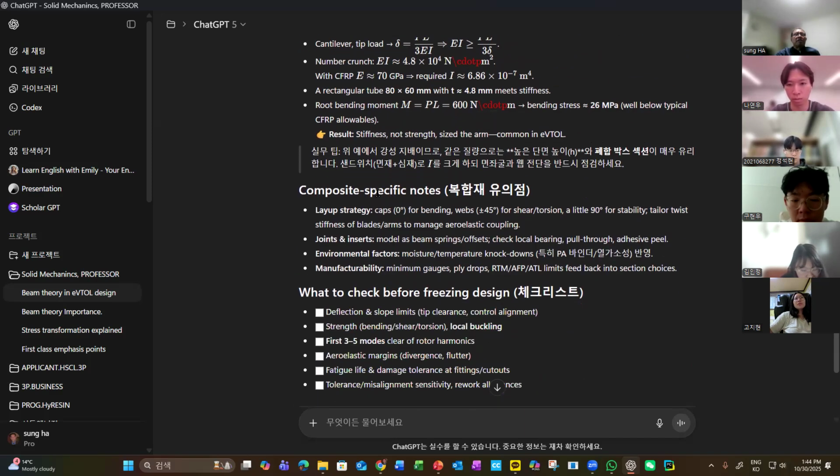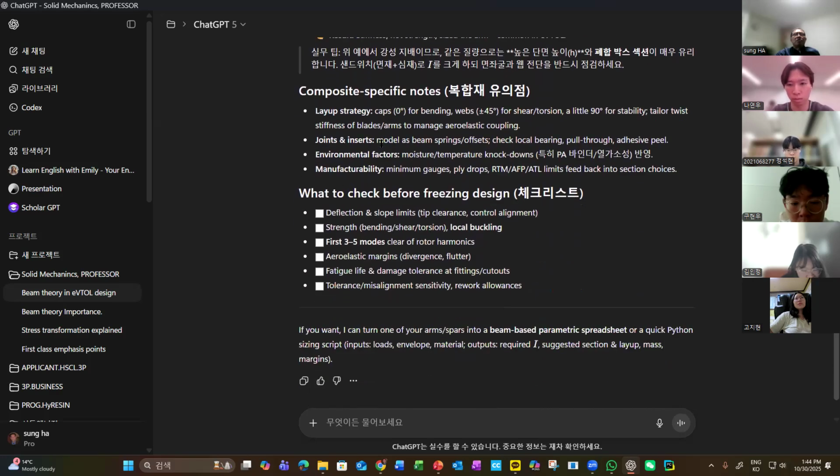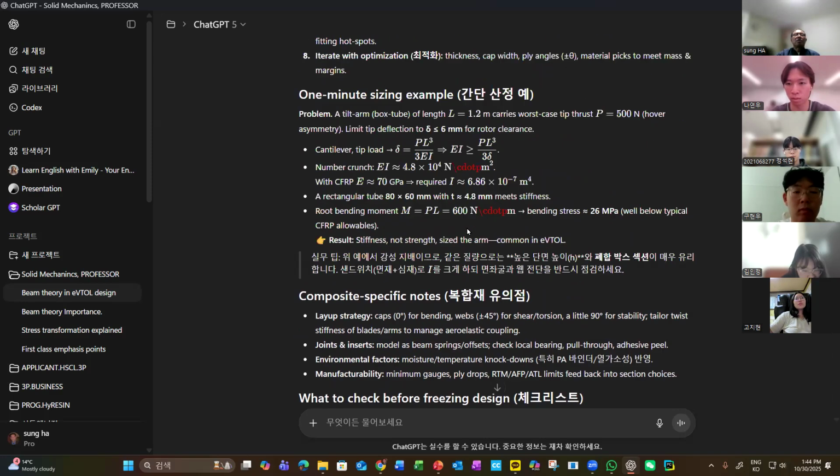And a composite-specific note. See this. AI already knows most of the structures are made of composites. So layup, you see the layup, we layer the fibers and so on, and the joints, and what to check before freezing the design.